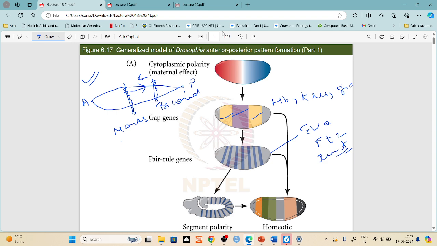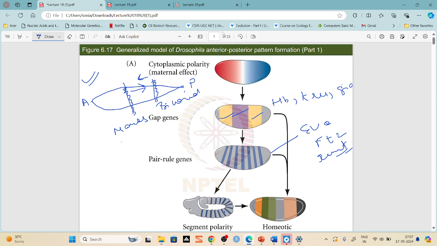So we are dividing the whole embryo into segments, and we are refining it. So after each hierarchy, the segments are getting refined. Here they were very broad. Now we got 7 segments. It will be even segmented by the segment polarity genes, and then comes your homeotic genes, which will give function to each segment. Okay, so now comes your segment polarity genes.